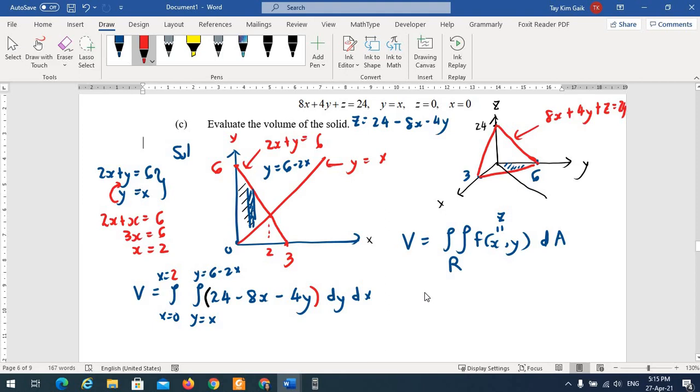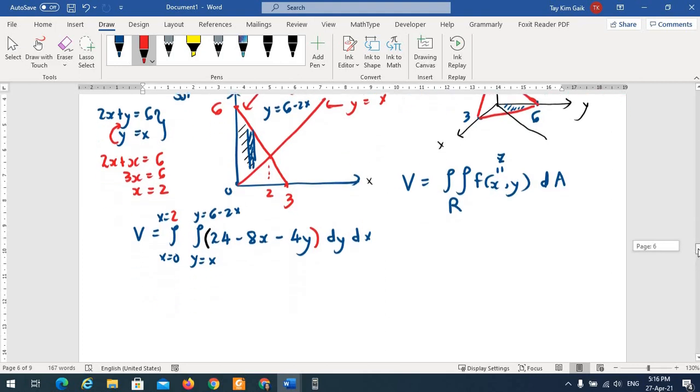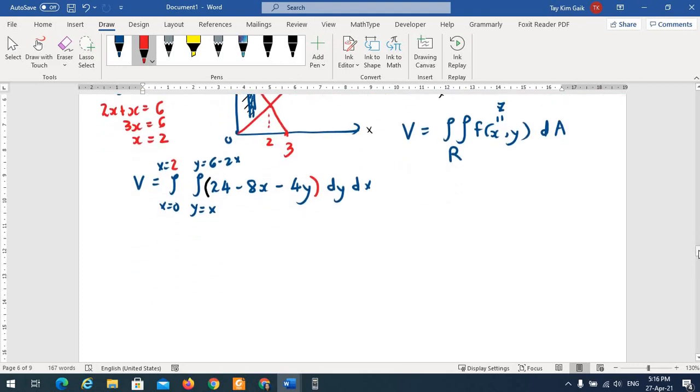I just use that volume is the double integral of f(x,y) dA, where f(x,y) is z, so get z from here and put it here. Then sketch the 2D region bounded by 2x plus y equals 6, y equal to x, and x equals 0. The 2D sketch helps you determine the limits for y and x. After that, you just evaluate it.